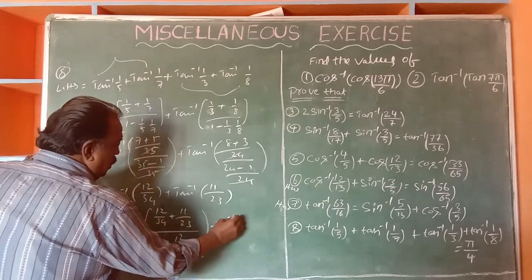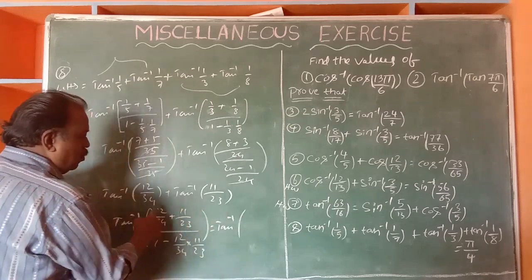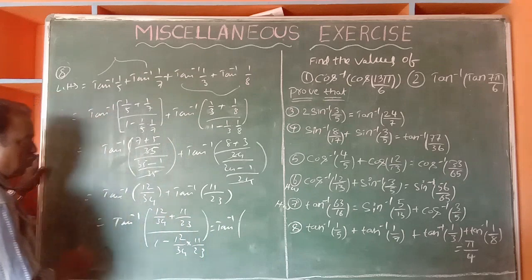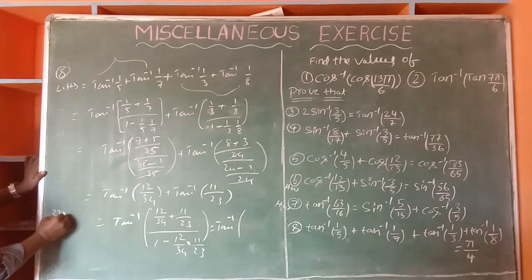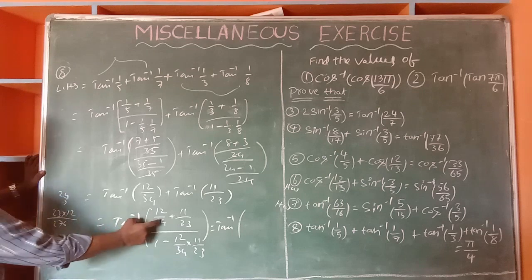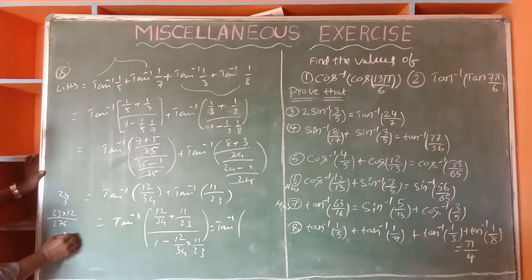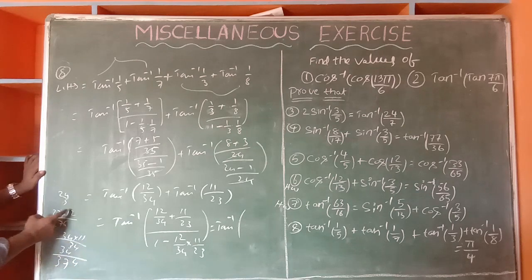You multiply 23 by 12: 12 times 3 is 36, 12 times 2 is 24, 27, so 276, and 11 times 34 is 374.